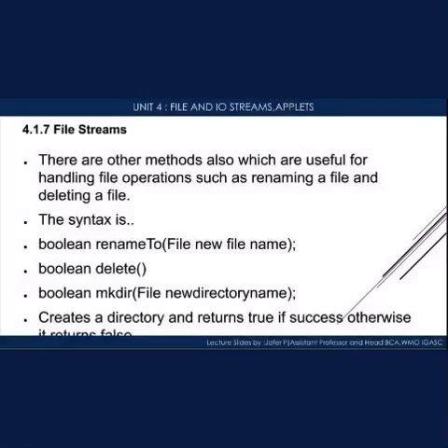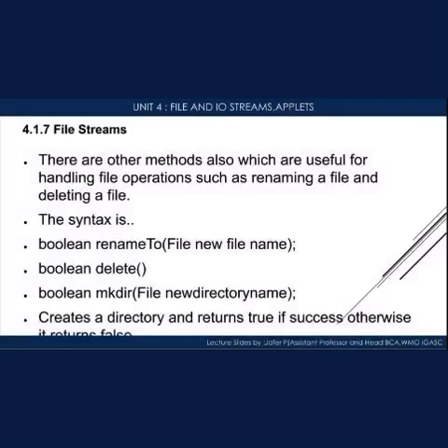If you go further into file streams, there are other methods which are useful for handling file operations such as renaming a file and deleting a file. The syntax of these operations is boolean renameTo(File newFileName).